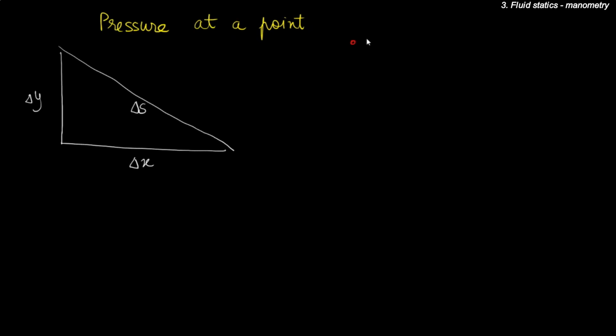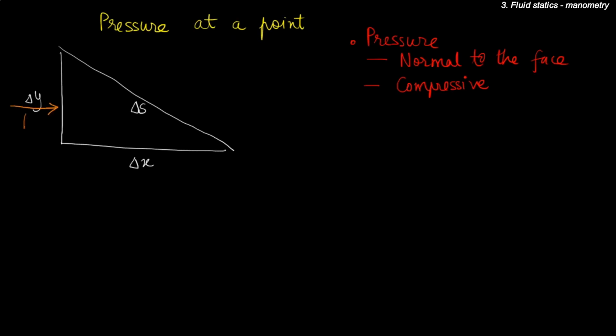Now we know that pressure always acts normal to the face, and it is compressive in nature. If that is the case, the pressure on this face will be this, and let us call it px.